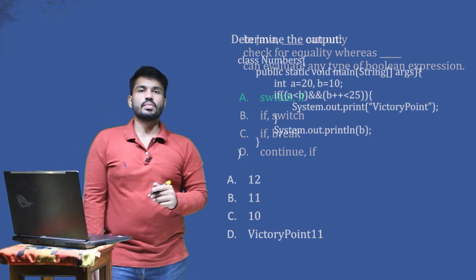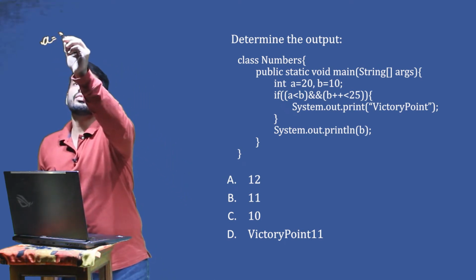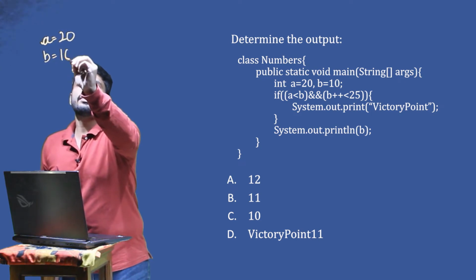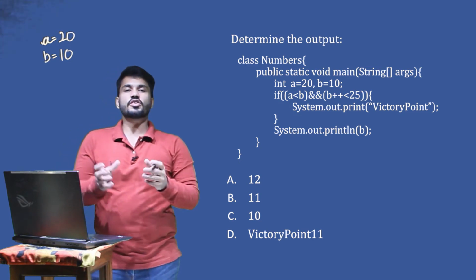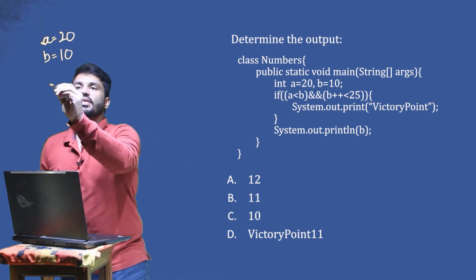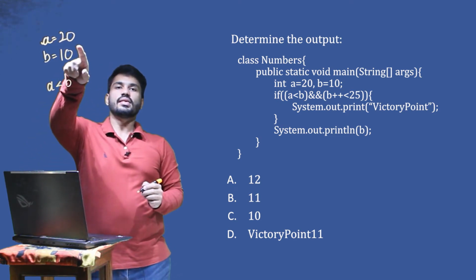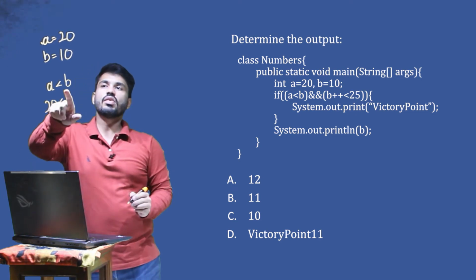Here we have two variables, a and b. Value of a is initialized to 20 and value of b is initialized to 10. So inside the if condition, we have two expressions connected via AND. So the first one is a < b. So a is 20, so the condition becomes 20 less than the value of b, which is 10.